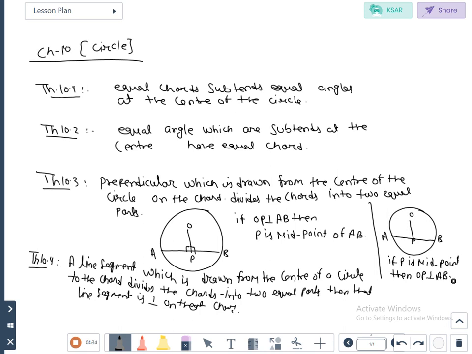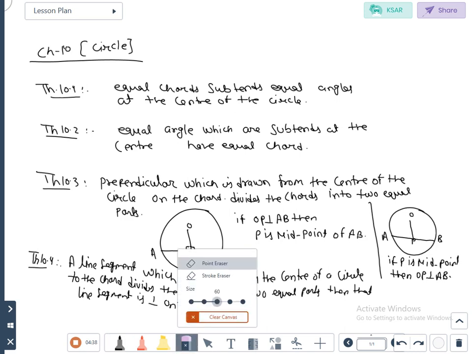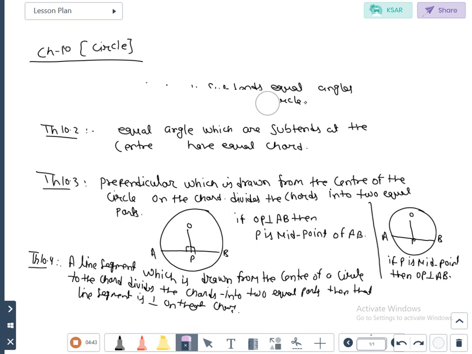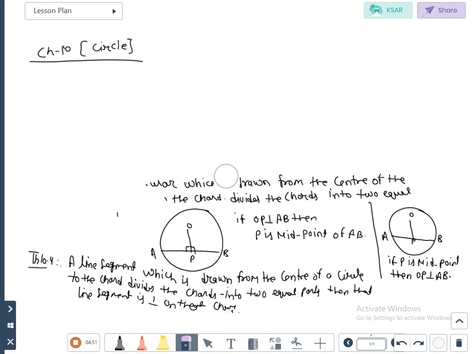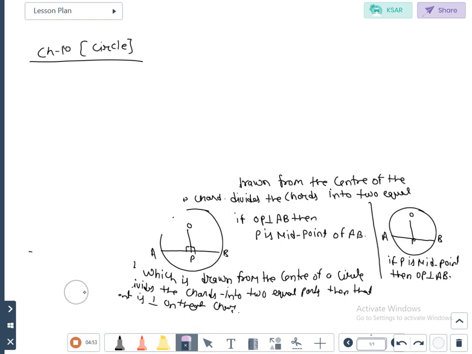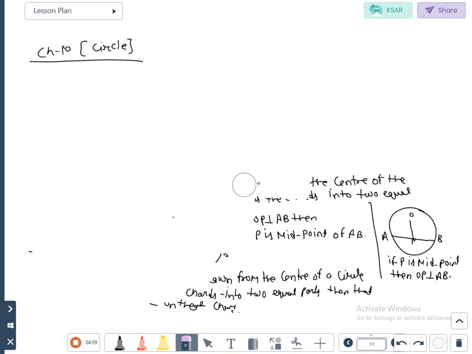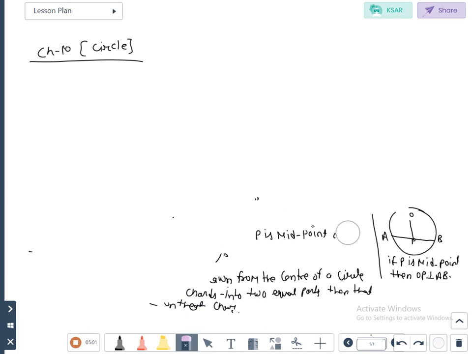Now in the next theorem, theorem 10.5, students, we will discuss that through three non-collinear points only one circle will pass. First of all, we will discuss what non-collinear points are. There are two kinds: first is collinear points and second is non-collinear points.